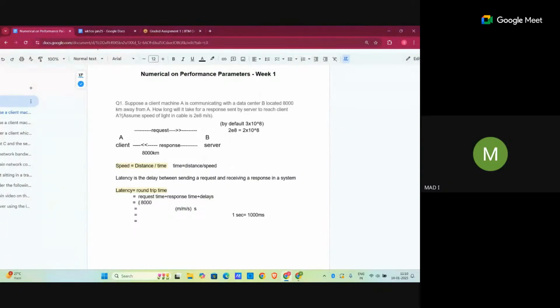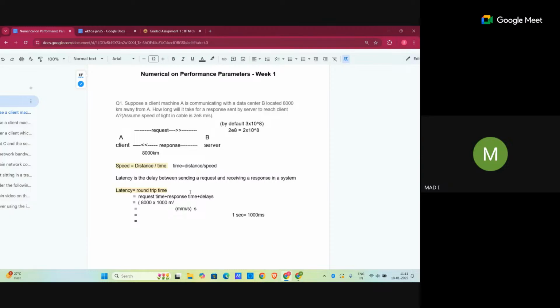Here it is given as 8,000 kilometers, so we will convert this into meters, and divide by the speed. This is my distance. Now what is my speed? The speed is given as 2 into 10 to the power 8, because communication is happening in cable.